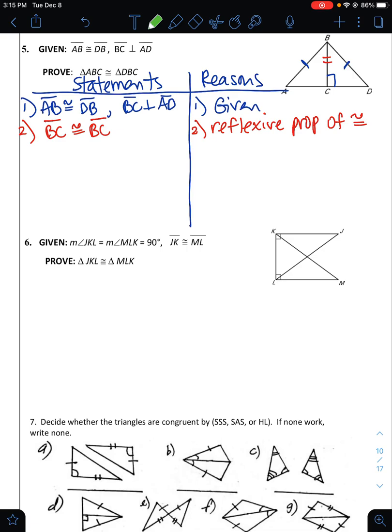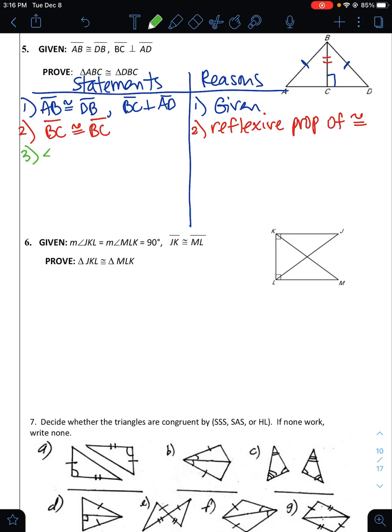Now, I do need one more line in here because I haven't really stated that. How do I know this is a right triangle? Well, I know this is a right triangle because I know what it means to have perpendicular lines. I know that perpendicular lines make right angles. And then I also know that if you have a right angle, you have a right triangle. So I actually need 2 lines in here to say that. So I need to first say that I know that I have a right angle.